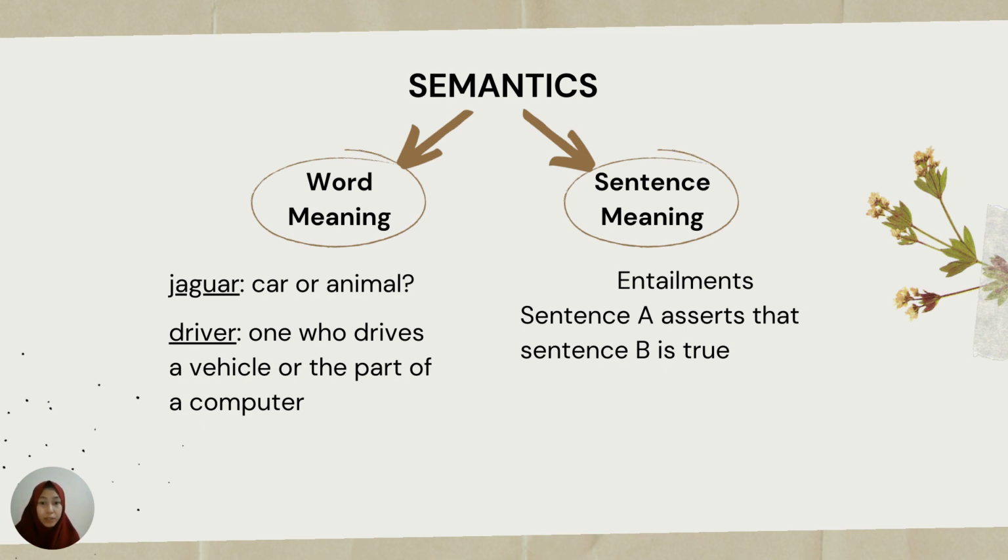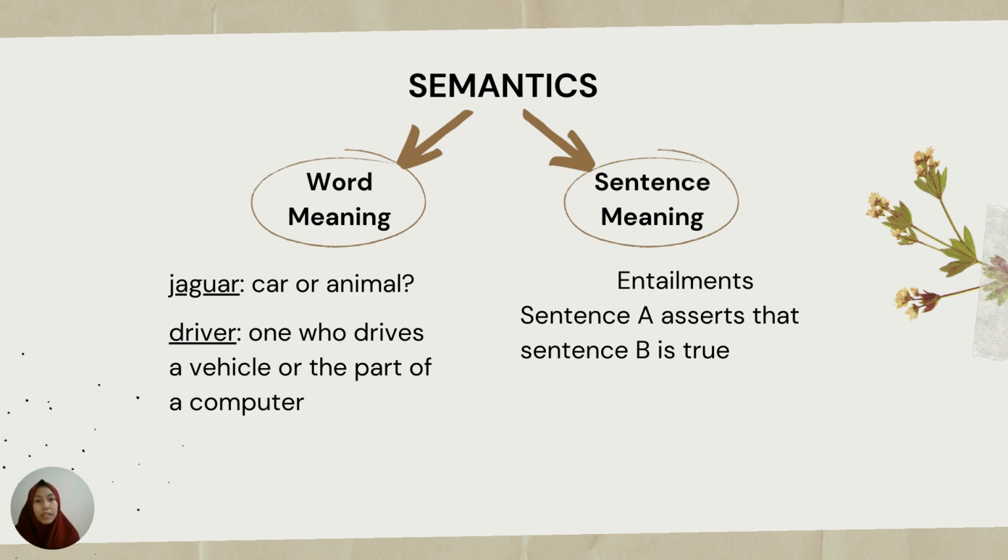Sentence meaning has several concepts, but I will only discuss the concept of entailment. Why? Because entailment is the most important concept of meaning in semantics. Entailment is defined as the process of finding another sentence that has the same meaning as the previous sentence.